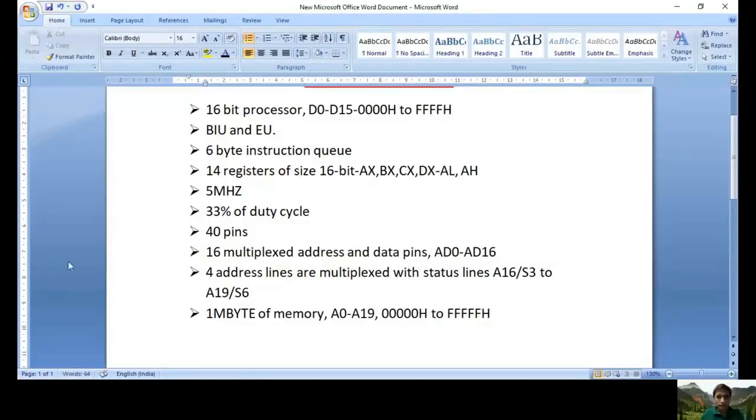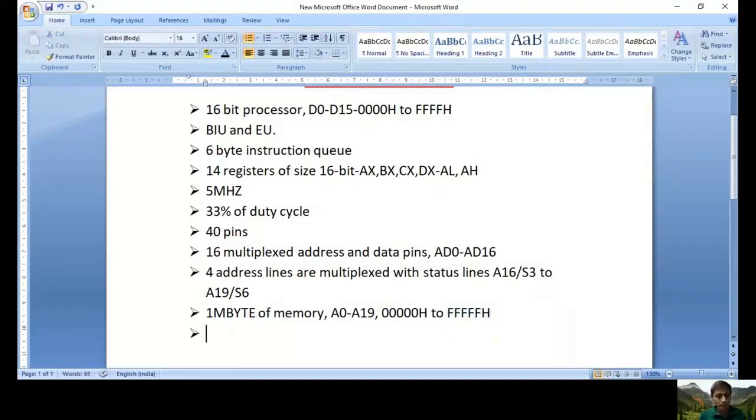For example, if A0 to A19 are all zeros, 20 zeros, the equivalent hex is 00000H. This is the starting address limit. Similarly, if all 20 address lines are ones, the ending address is FFFFFH. So the 8086 can access a maximum of 1 megabyte of memory because of 20 address lines.